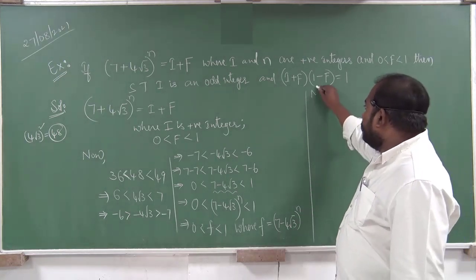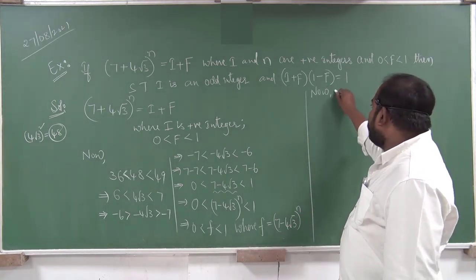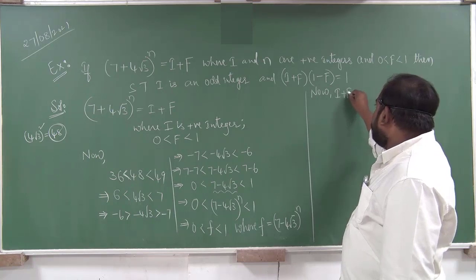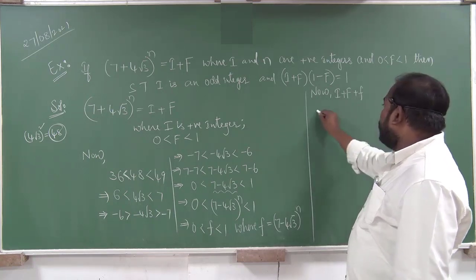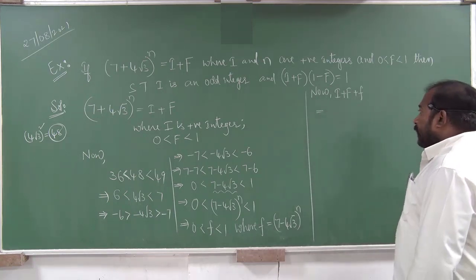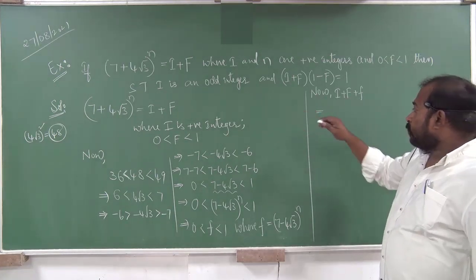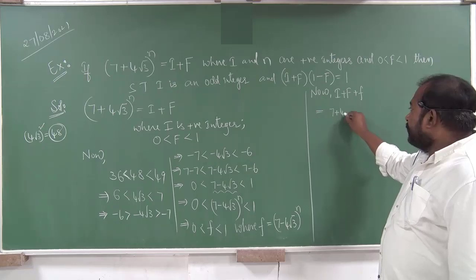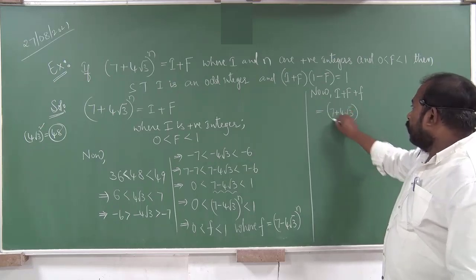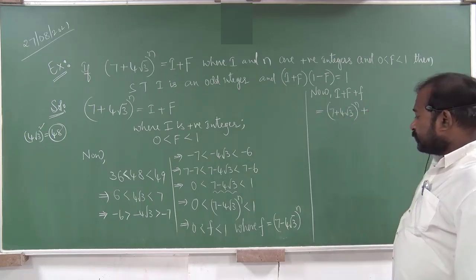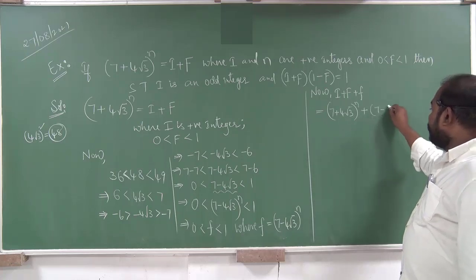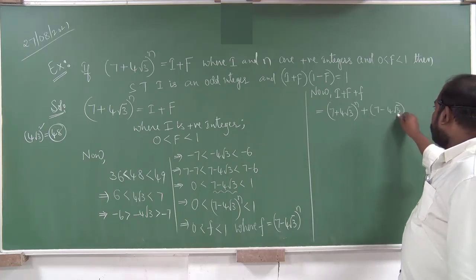Now in the next step I will do I plus capital F plus small f. I plus capital F means 7 plus 4 root 3 whole power n, plus small f, value 7 minus 4 root 3 whole power n.